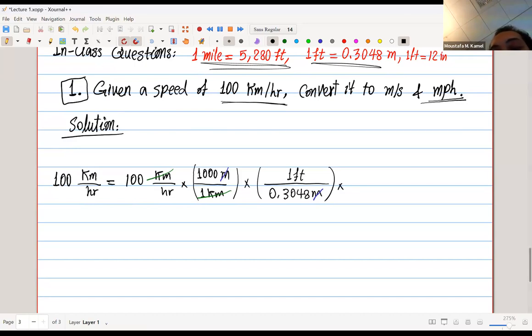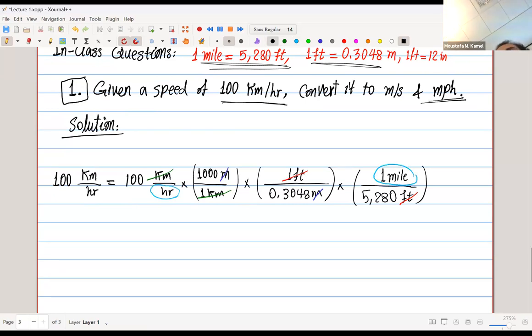So that will be another conversion factor. I need feet in the denominator. So 5,280 feet equivalent to 1 mile. And once again, feet cancel. And the only unit I'm left with is miles per hour.